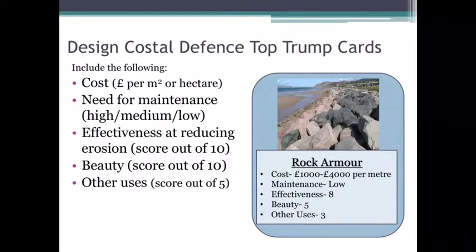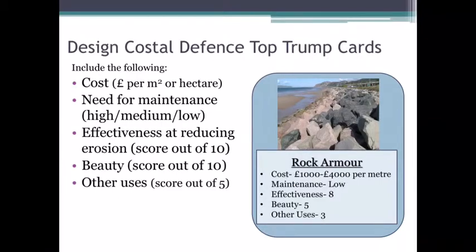So maybe 3 soft engineering cards, 3 hard engineering cards, or a few more if you're feeling keen. What I want you to do is, on your card, work out a cost per square metre or hectare of that method. Now, some of those things I haven't talked about, but if you have a look at your GCSE textbook, there are actually some figures there of how much each of these things cost, so you'll have to do a little bit of extra research on that.